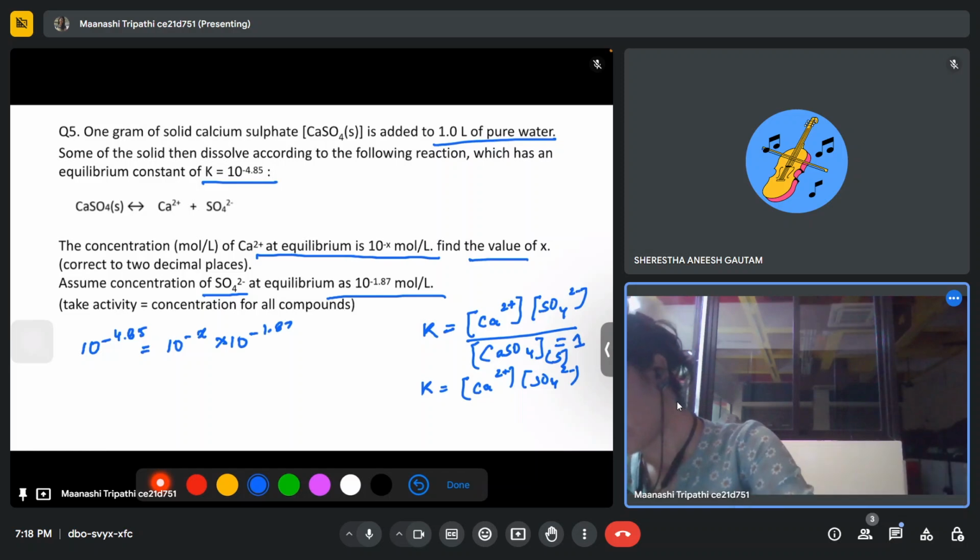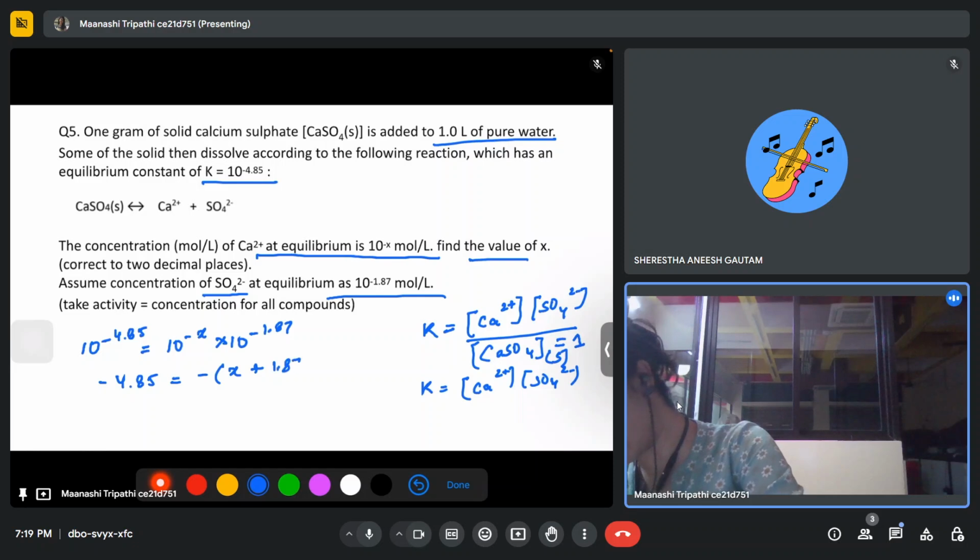So by solving, we will get minus 4.85 is equal to minus x plus 1.87. So 4.85 minus 1.87 is equal to x.